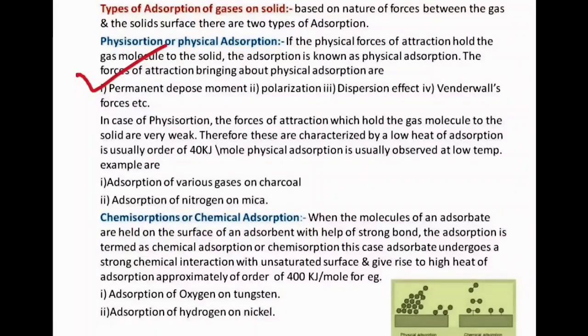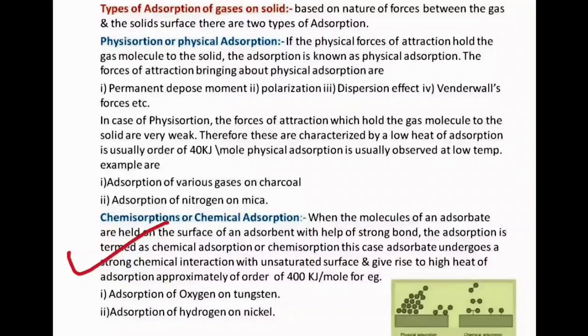The physical forces are permanent dipole moment, polarization, dispersion effect, van der Waals forces, etc. In physical adsorption, the forces of attraction are very weak. Therefore, these are characterized by low heat of adsorption. Examples of physical adsorption are adsorption of various gases on charcoal and adsorption of nitrogen on mica.